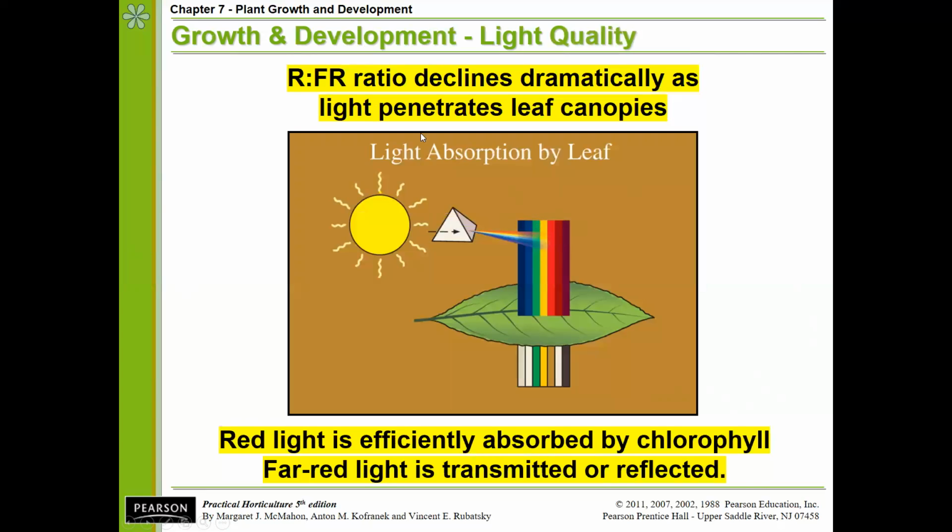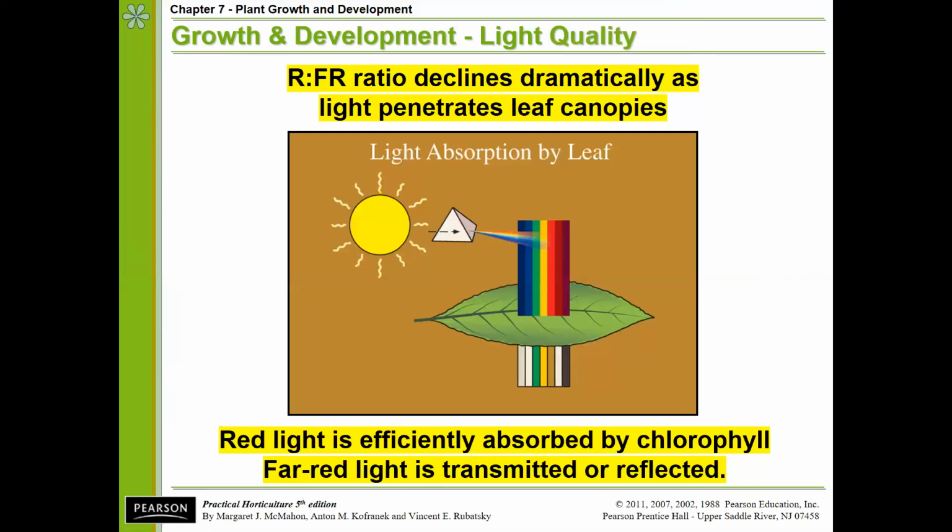So the red to far red ratio is what we're looking at in terms of light penetrating the leaf canopies, and it actually has a great effect on the growth of plants. Think of red as on the visual spectrum, and far red as more like infrared light. Red light is efficiently absorbed, but far red light is transmitted or reflected.